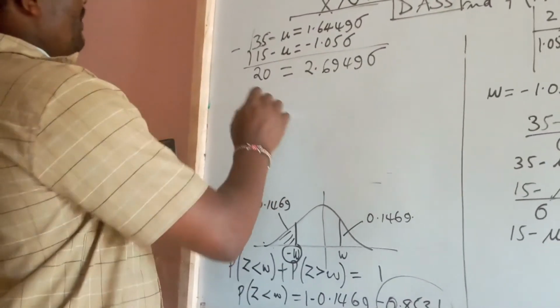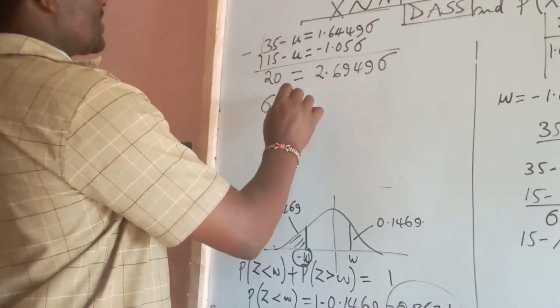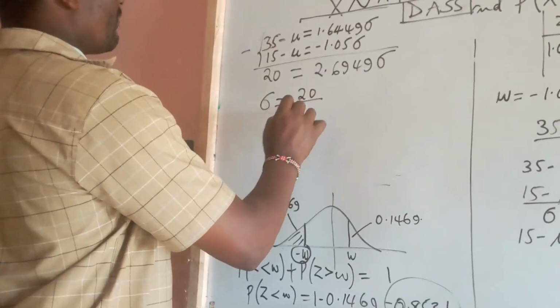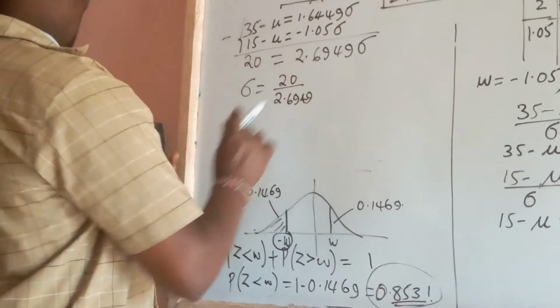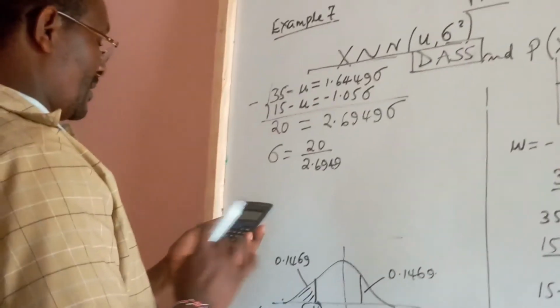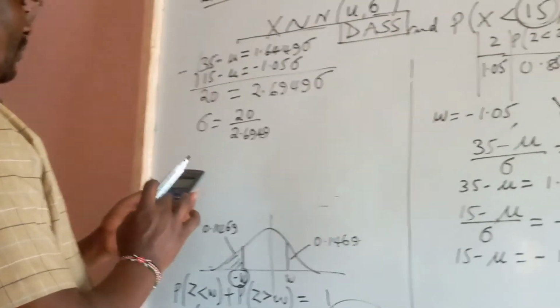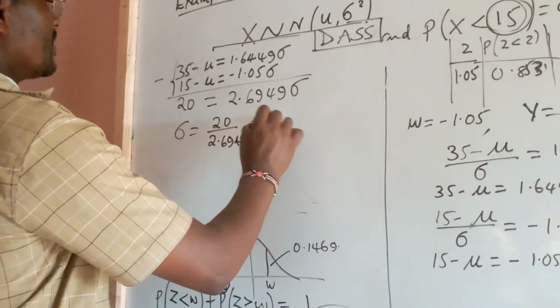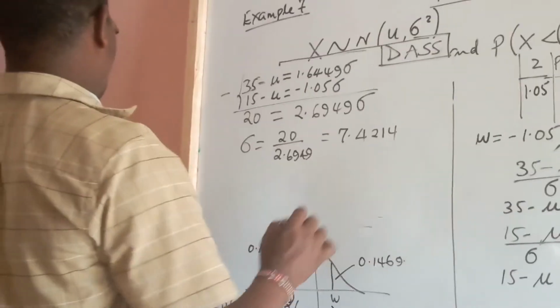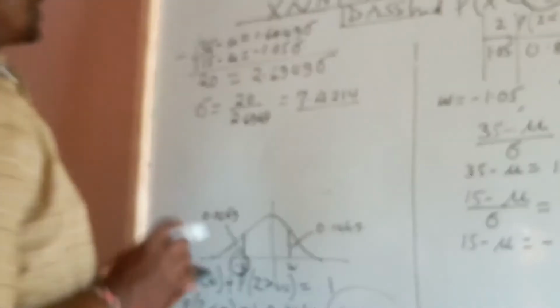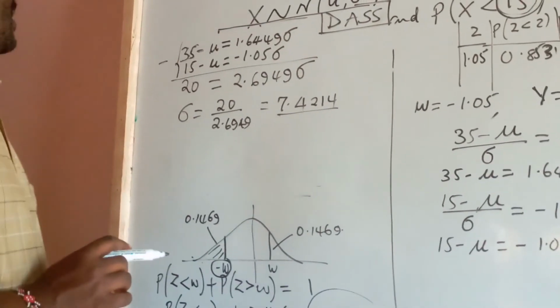At that particular point, the standard deviation is simply 20 over 2.6949. So 20 divided by that will give us 7.4214. That could be our standard deviation.